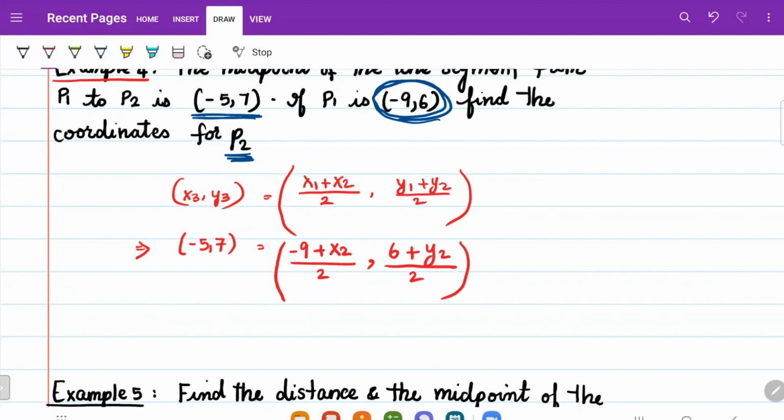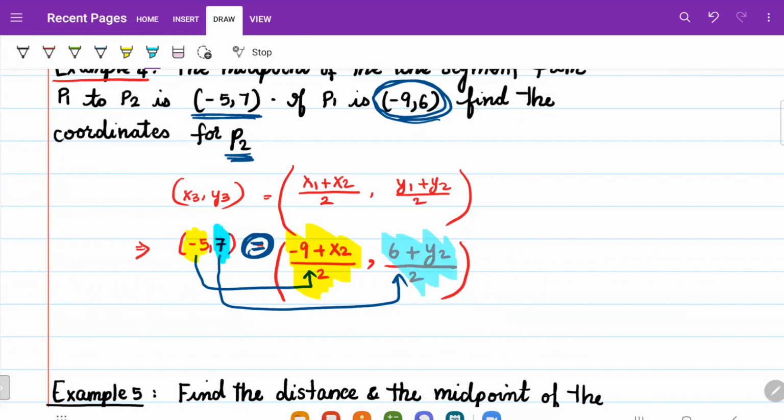One thing, as you can see here, we have an x coordinate here, a y coordinate, and a y coordinate here, and the operator here is equal to. So this means that minus 5 here is equal to this, and positive 7 is equal to this.